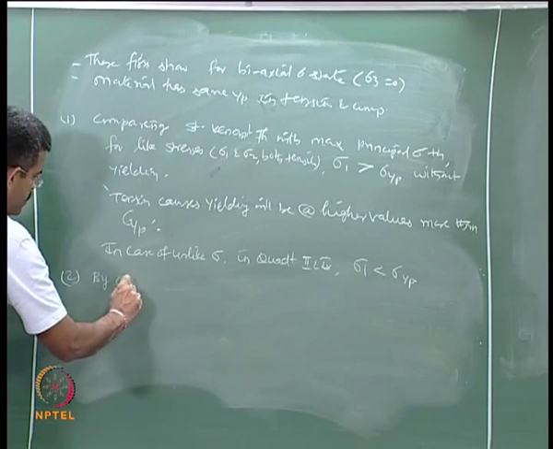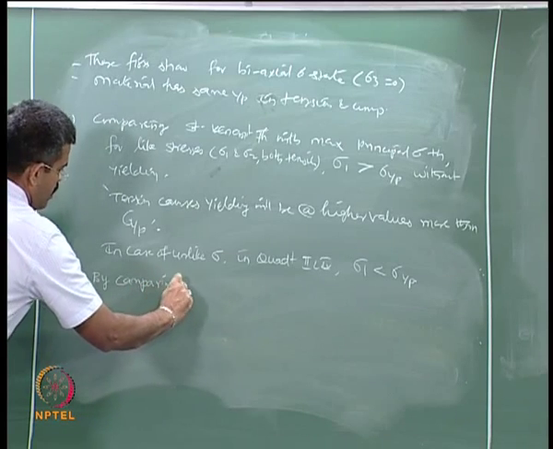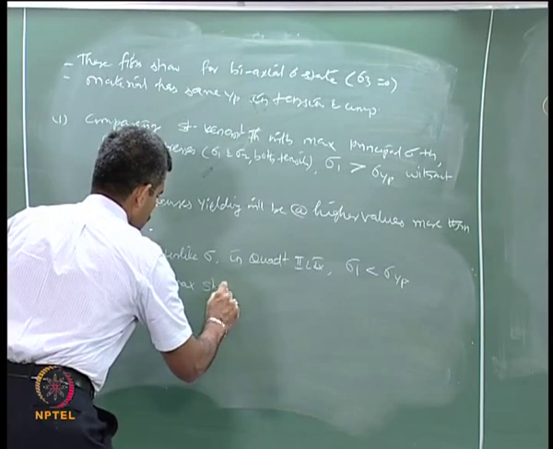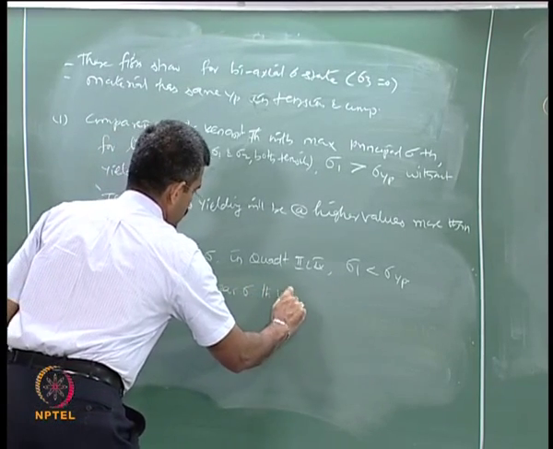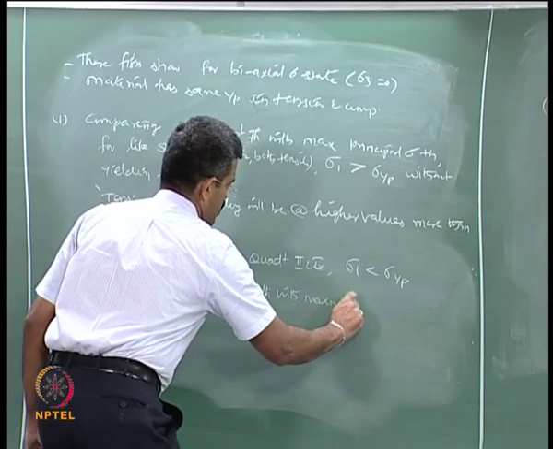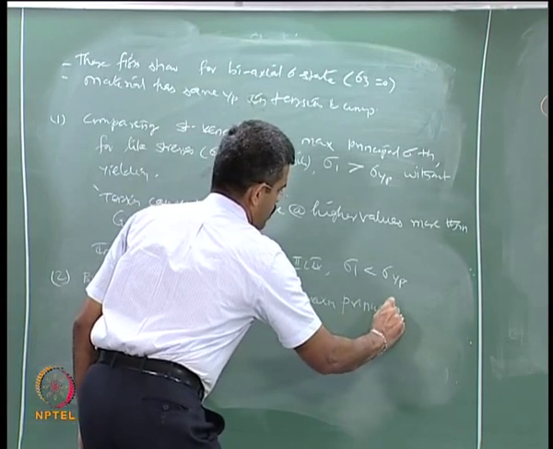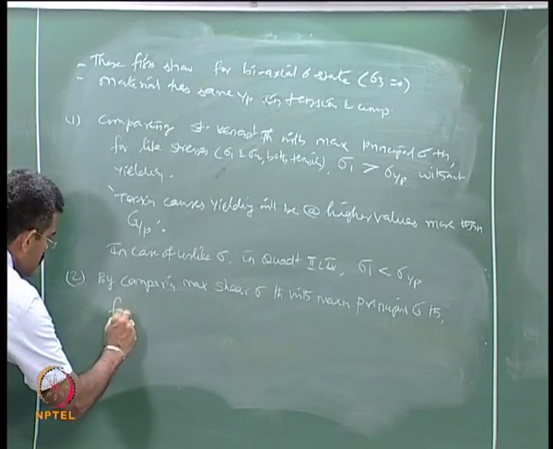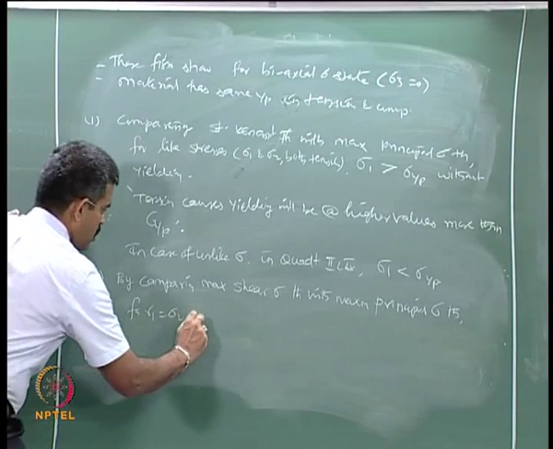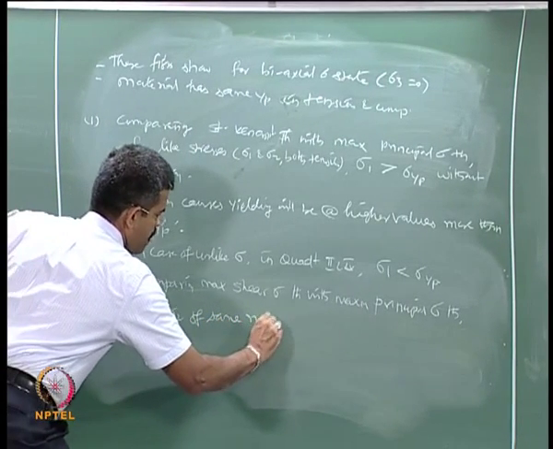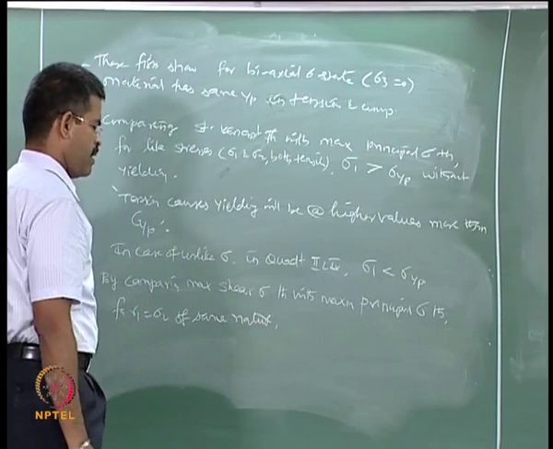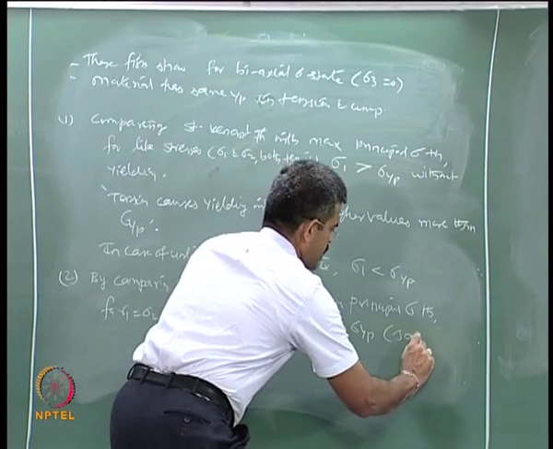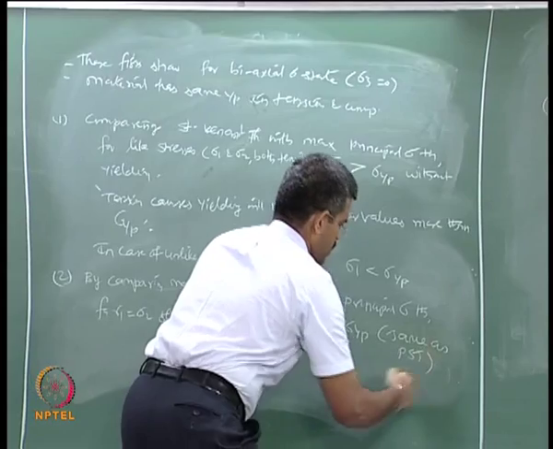By comparing the maximum shear stress theory with maximum principal stress theory for stresses of same nature, sigma 1 equals sigma 2 is equal sigma yp, which is as same as principal stress theory.